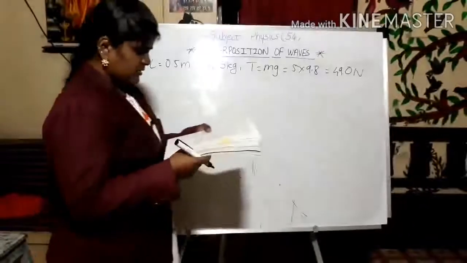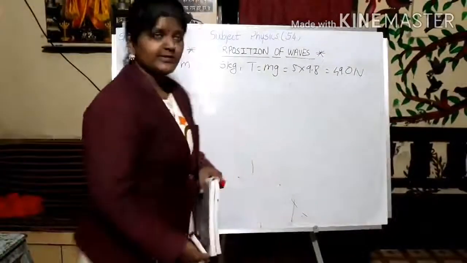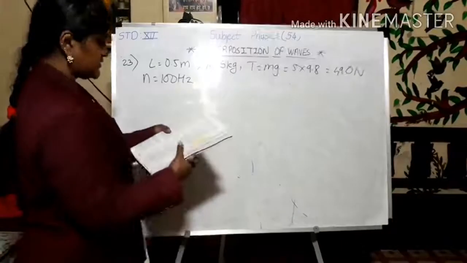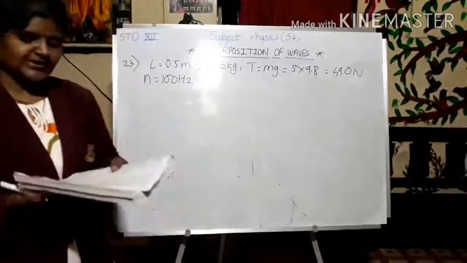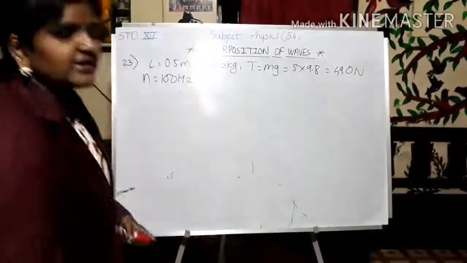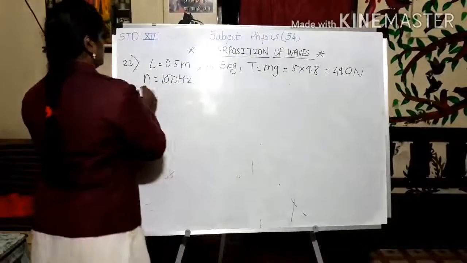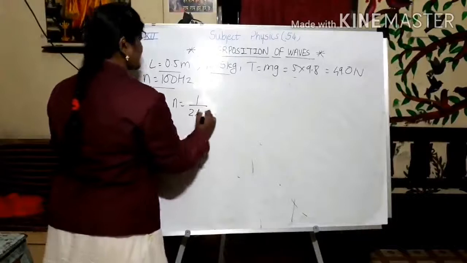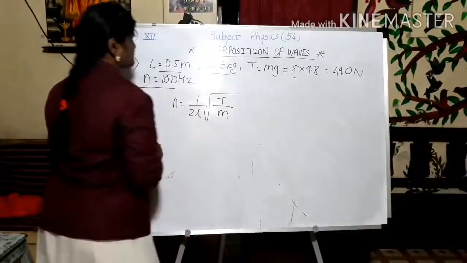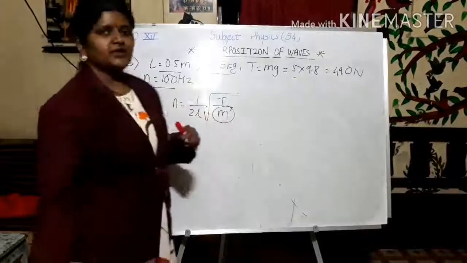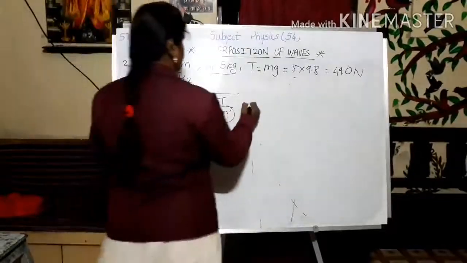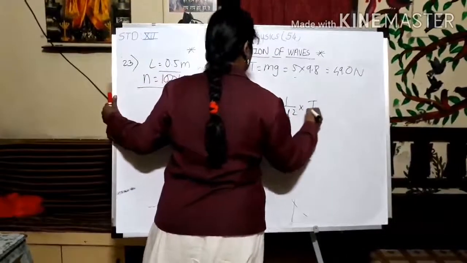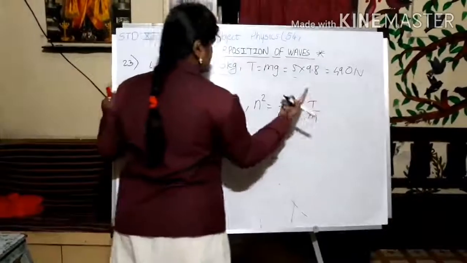Then the fundamental frequency of vibration is 100 Hertz. This is what is given, and you will have to find out the linear density of the wire. We will write down the formula, which is the same formula. Square the whole equation. You will get what you want to find out, m.